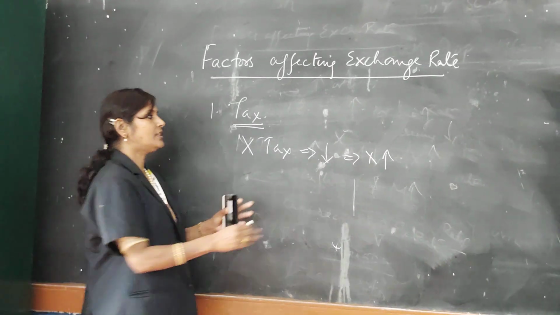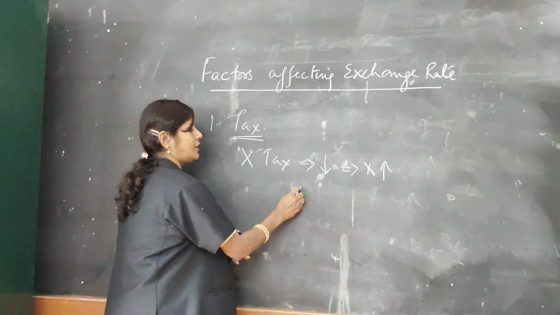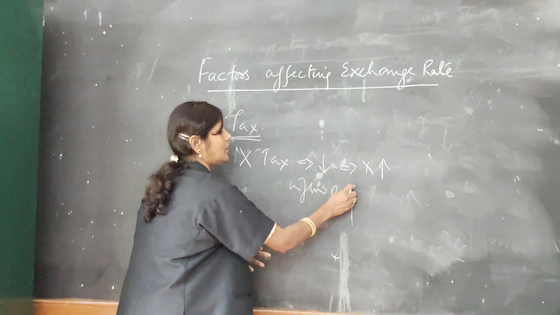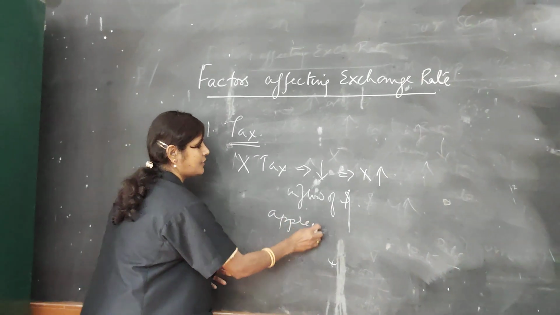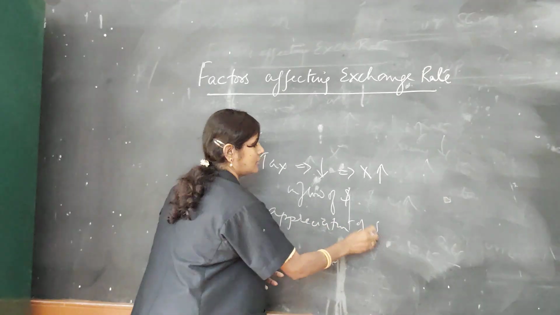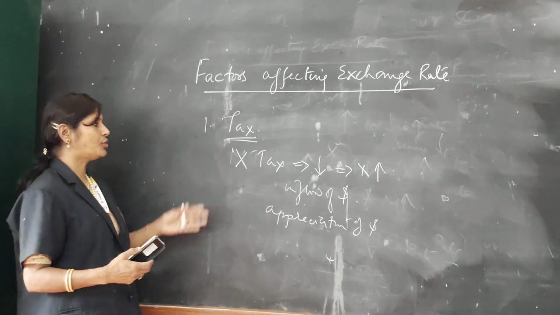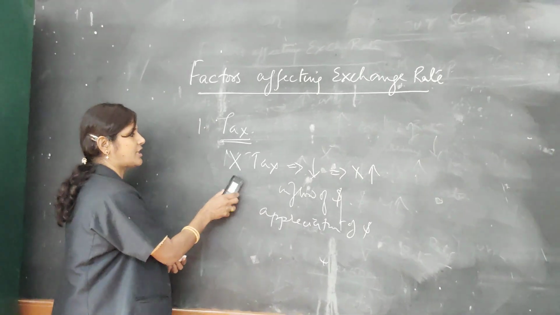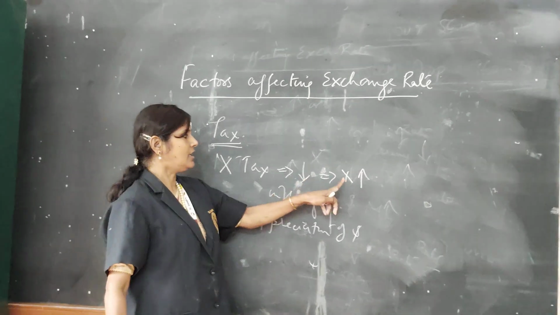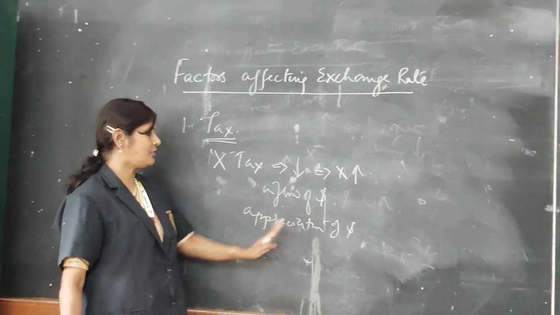When the export increases, what effect will it have? Again, there will be appreciation of dollars. I hope you understood the effect of import tax and export tax, and vice versa. That is, when the export tax increases, export will decrease, and there will be outflow of dollars, and there will be a depreciation.